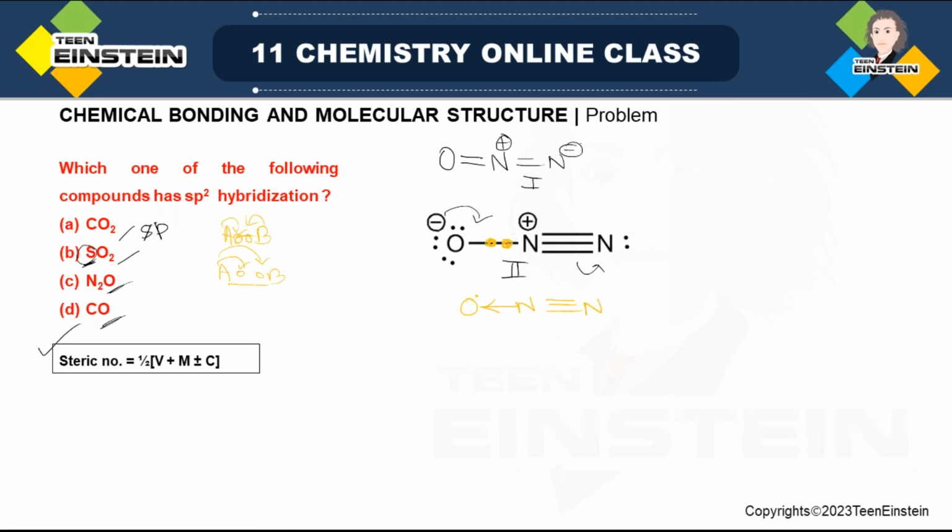And there is a positive sign over nitrogen because it has donated 2 electrons, according to the coordinate bond. Oxygen is not using any of its valence electrons; all 6 valence electrons are still present, but it has accepted electrons from nitrogen, so that is why there is a negative charge. And on the right hand side, the triple bond that you are seeing here is a normal covalent bond.